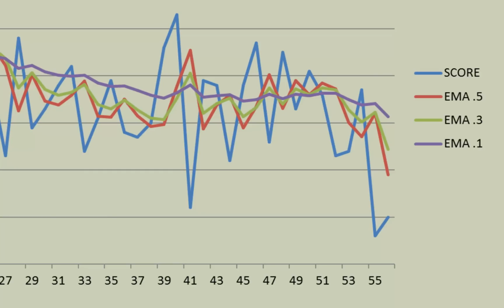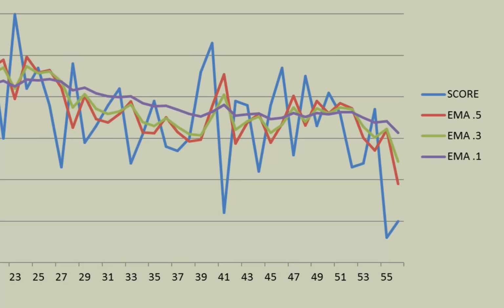So even if we have a sharp up or down, let's take a look at that game 41, 42 again. We have a huge jump up, and we have a huge fall down, but the EMA of 0.1 barely moves. It blips up, it blips back down just a bit, and goes on its way. So you can see that the EMA of 0.1 is much smoother. It's much more flat because it's spreading the emphasis further into the past.